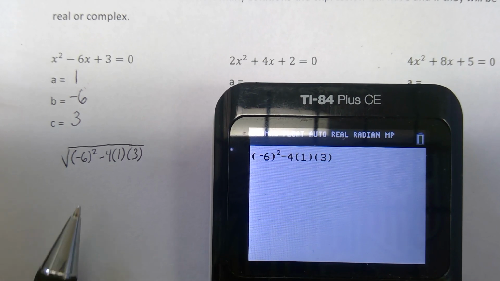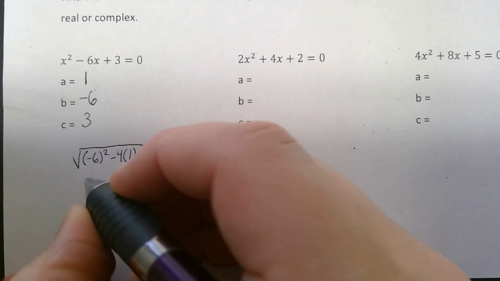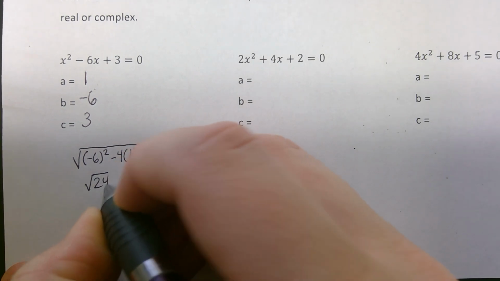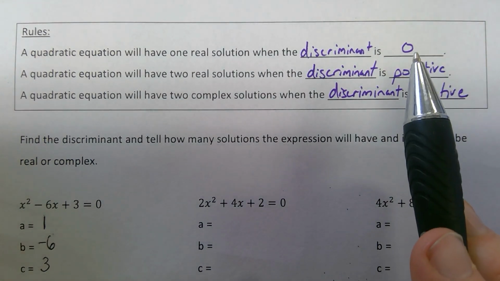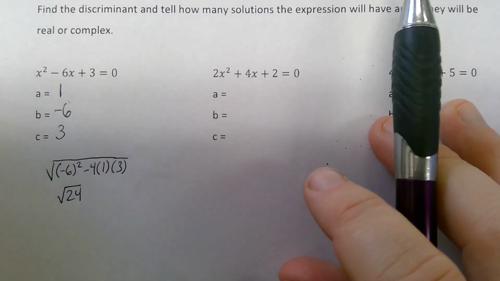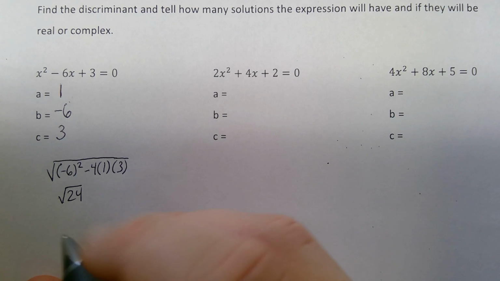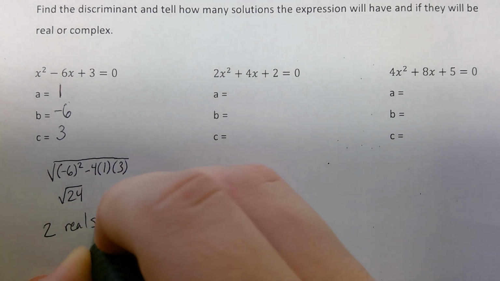That's the inside of my square root right there. Hit enter. It's 24. So now I'm going to write this as square root 24. Let's look at our little table here. My discriminant, is it 0? No. Is it positive? Yeah. It's positive inside my square root. So I will have 2 real solutions.